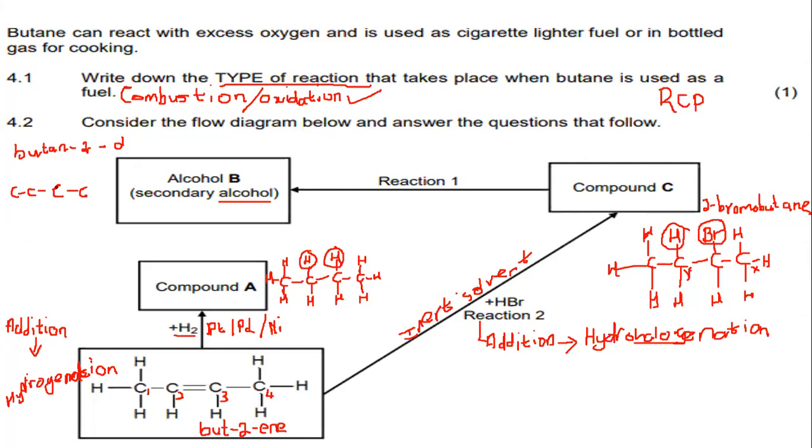For it to be a secondary alcohol, my dear learners, it tells me that if I number from right to left, then this will be my carbon 2, and it must have a hydroxyl group altogether.